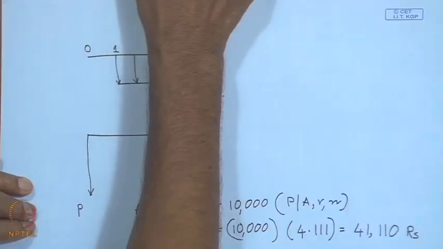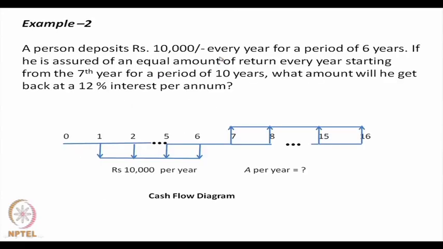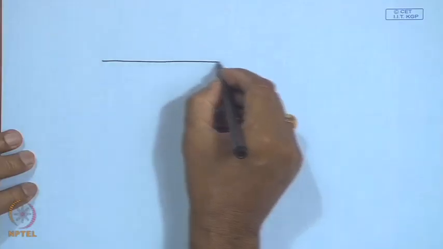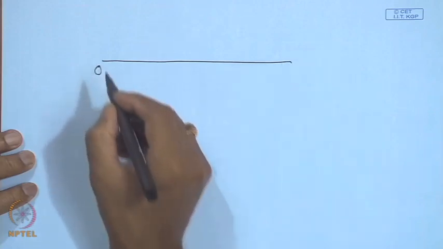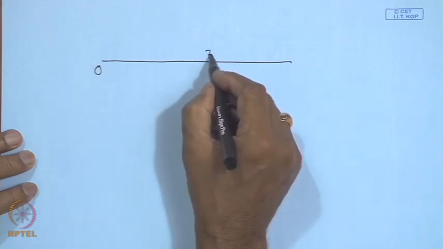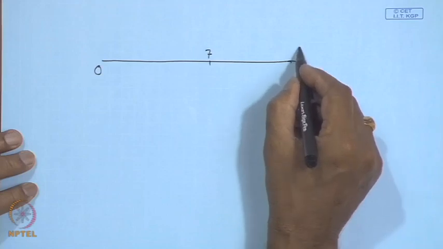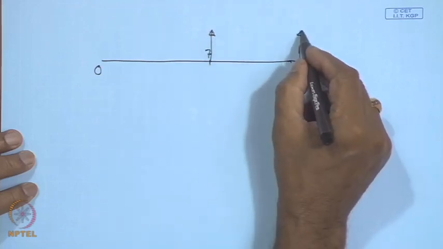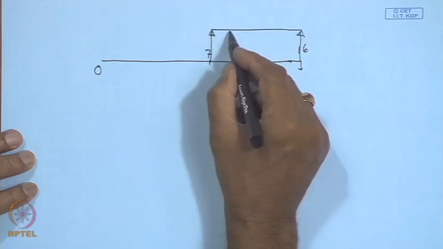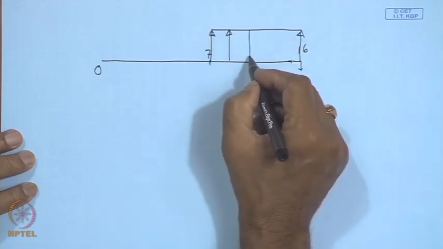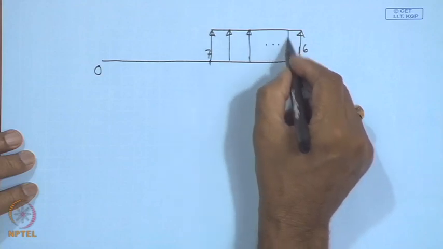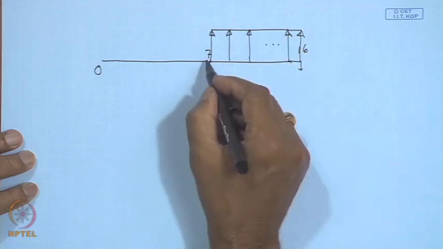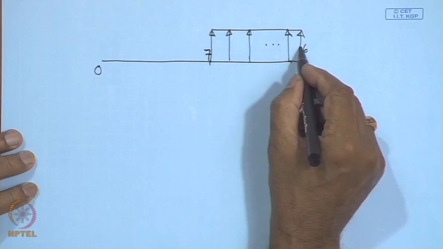Now, what we do? We take the remaining portion of the cash flow, starting from the 7th year through the 16th year, there is a receipt, equal payment in series, 7th through 16th.